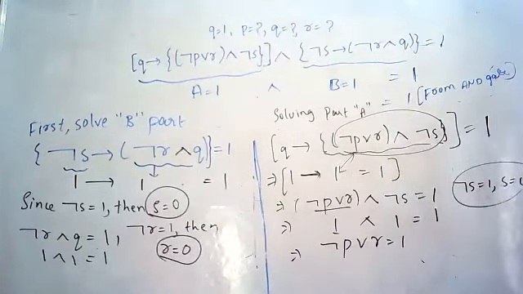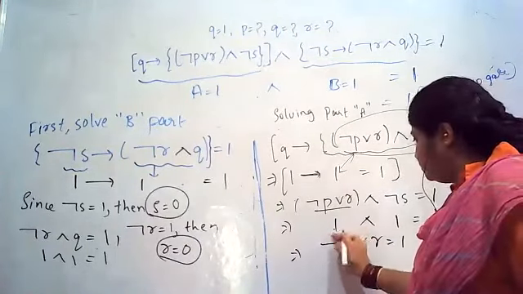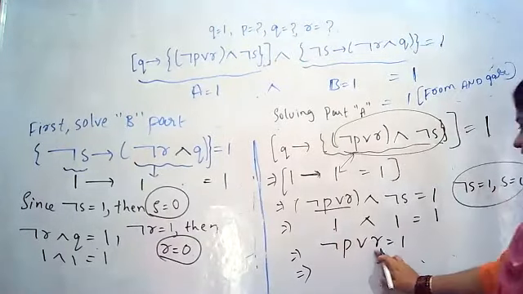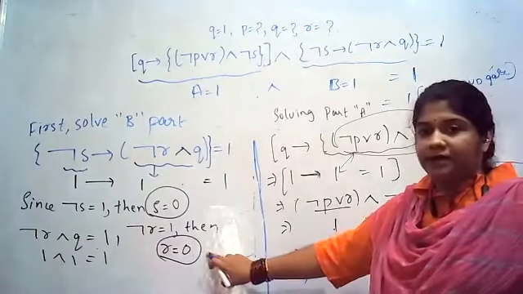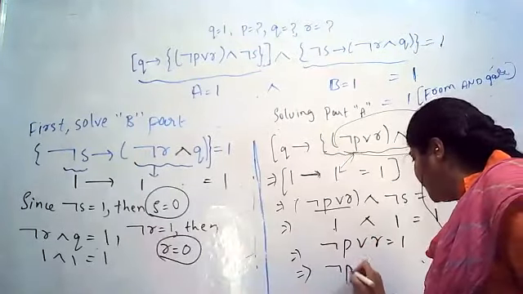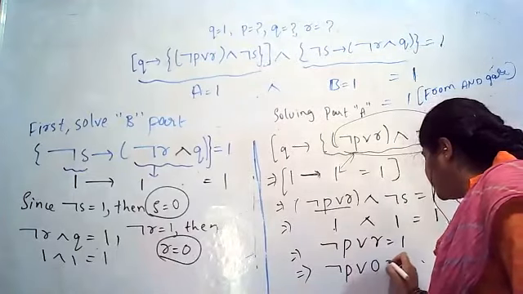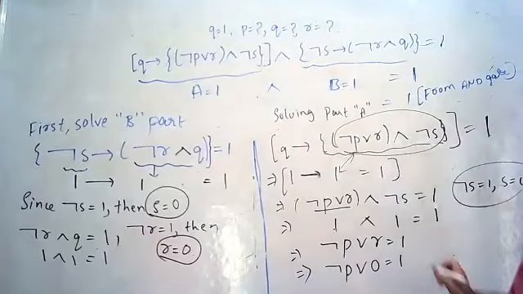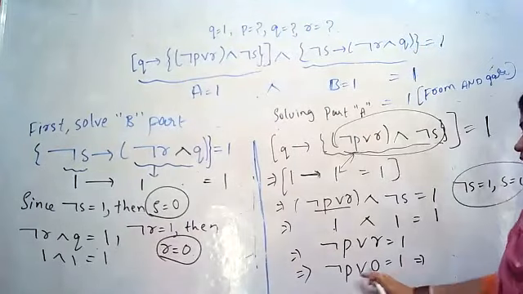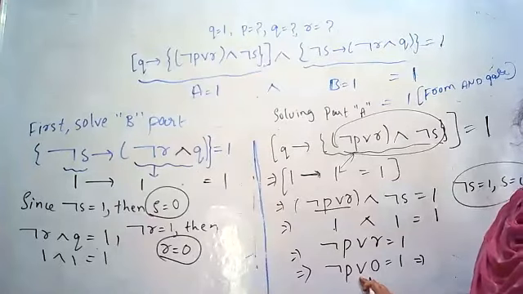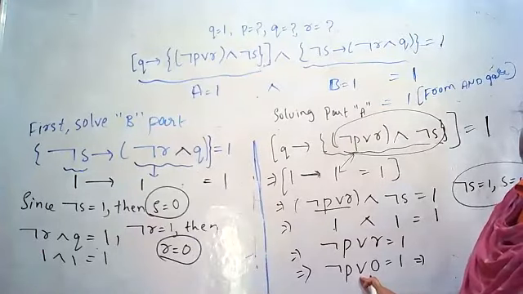Okay. Now, what is R from our earlier part B? R is 0. So, negation P, disjunction 0 is equal to 1. Here I have disjunction, which means OR gate.